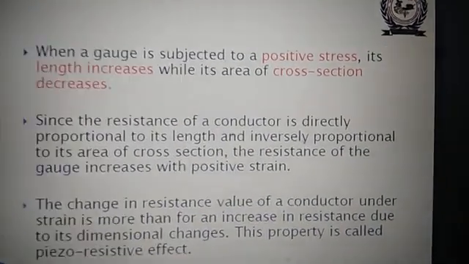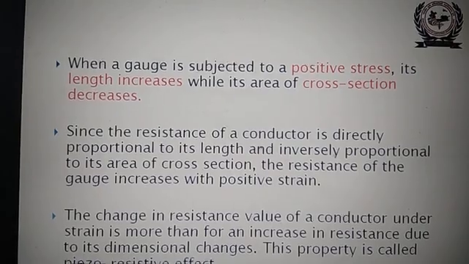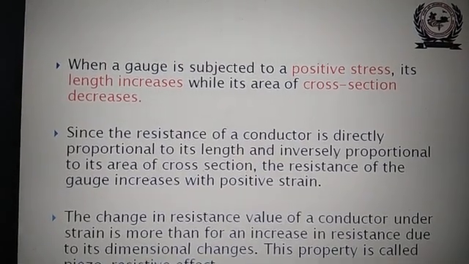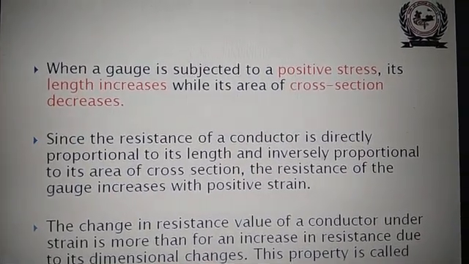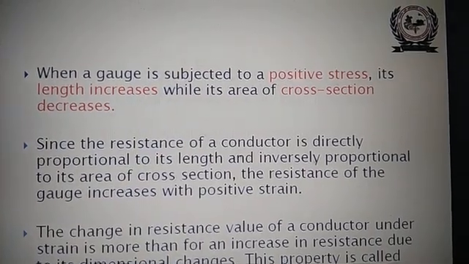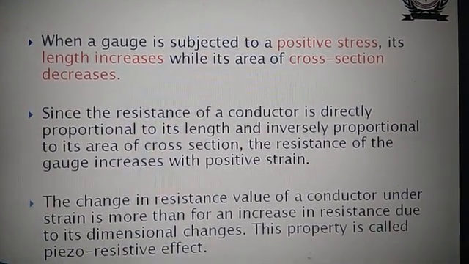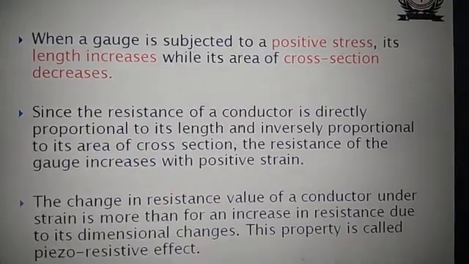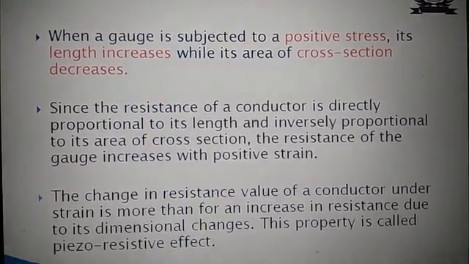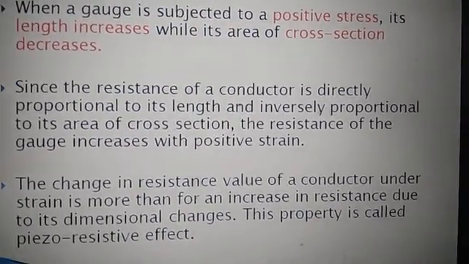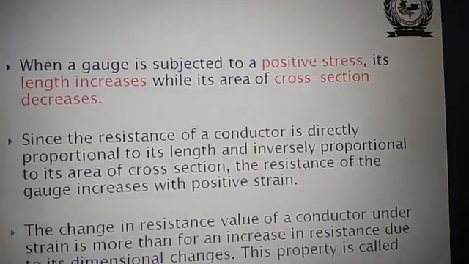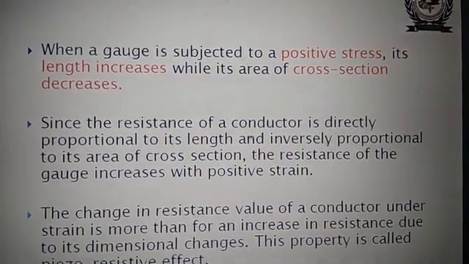When a gauge is subjected to a positive stress, its length increases while its area of cross section decreases.